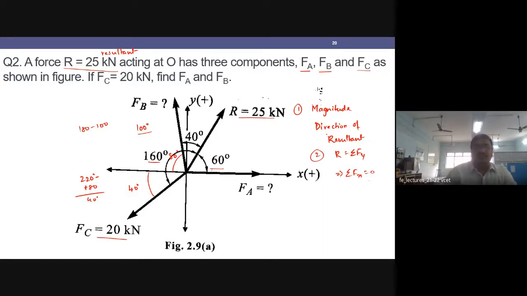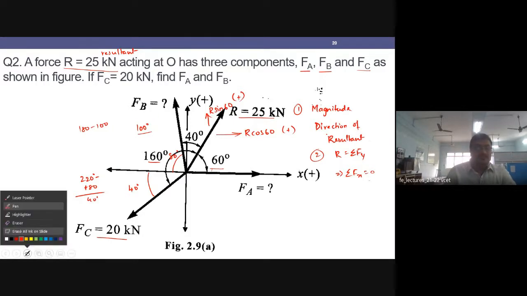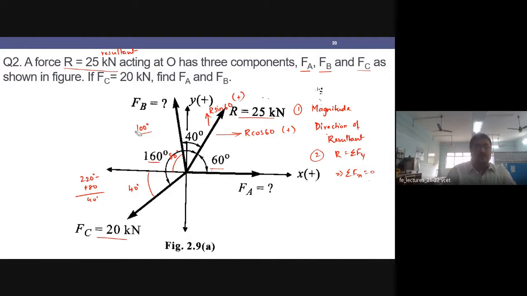Then I have the resultant R, which will be R into cos 60. Then I have R sin 60. Here both will be positive. Then in the case of FB, what happens?